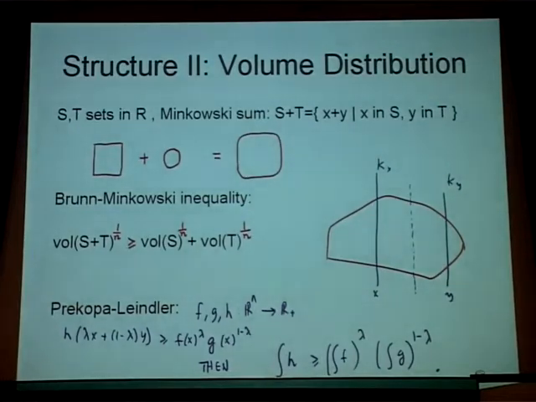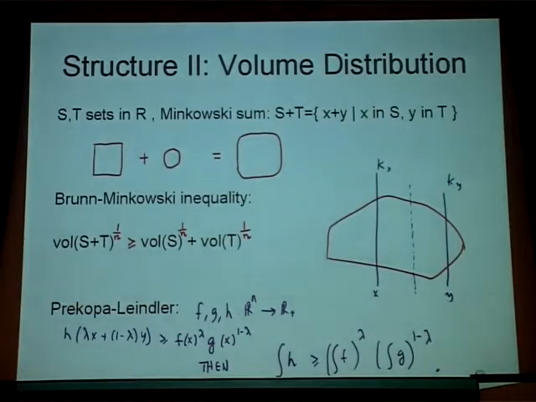Now that section can be viewed as a Minkowski sum of these two sections. It's an average, every point on there is an average, and therefore the volume of the intermediate section to the 1 over n is at least the average of the two volumes to the 1 over n. So you can't have volumes go down and up again. They have a nice distribution. In fact, the distribution is log concave, but it's 1 over n concave.